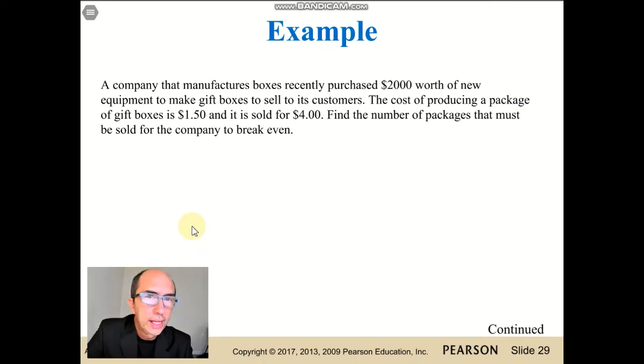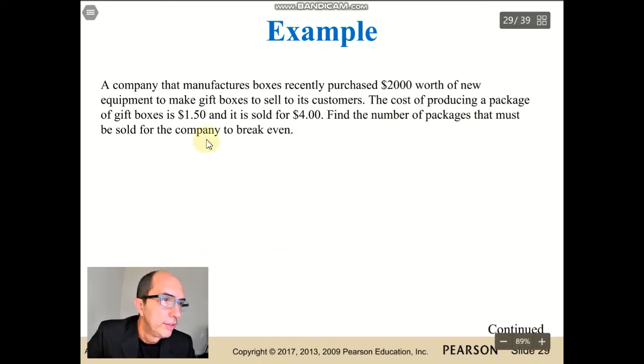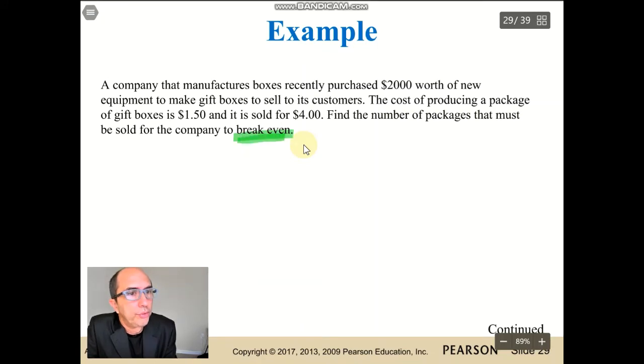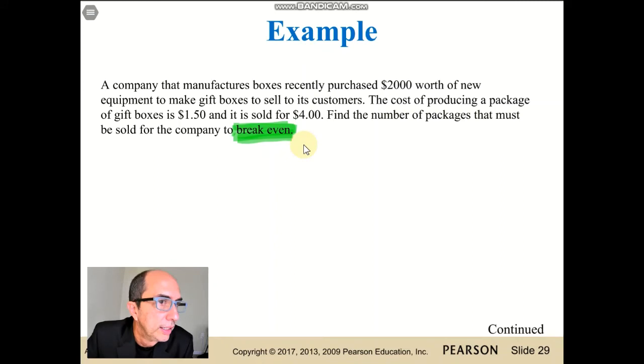And one thing that you have to understand is what break even means. Break even is when the cost of production is equal to the revenue, the sales, right? You don't lose money, but you don't make money.